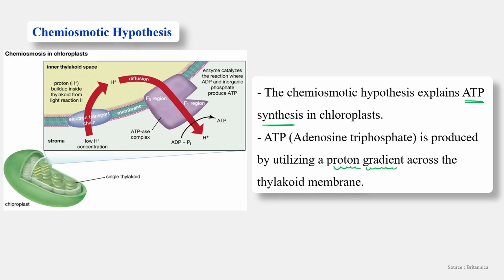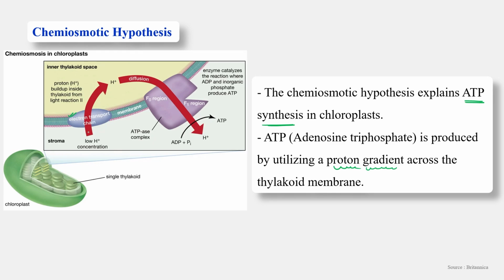These are the thylakoids. This is the outer covering of the chloroplast, this is the inner covering, and this is the intermembrane space. There are certain carrier molecules present on the membrane through which electrons are transferred, and protons are built up inside the thylakoid.